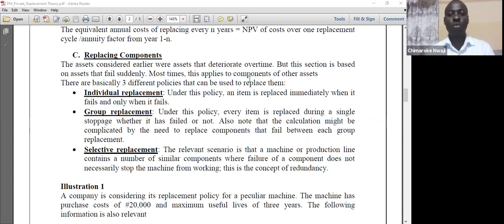Now there are two methods you can use here. We talk about individual replacement. Under individual replacement, you simply identify the particular item that has failed and you replace that item.